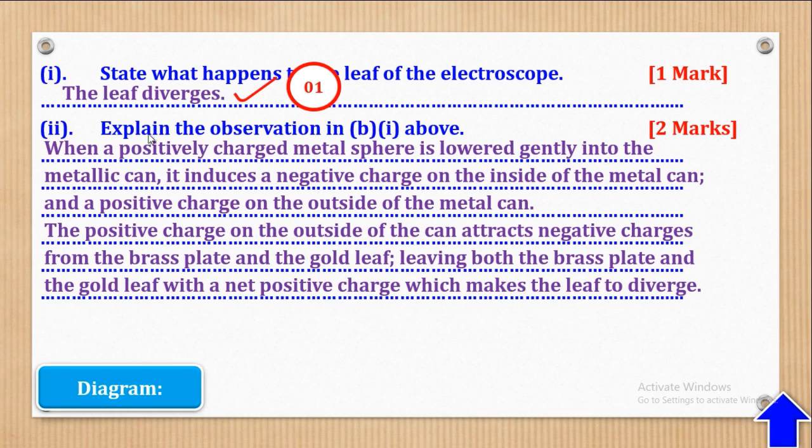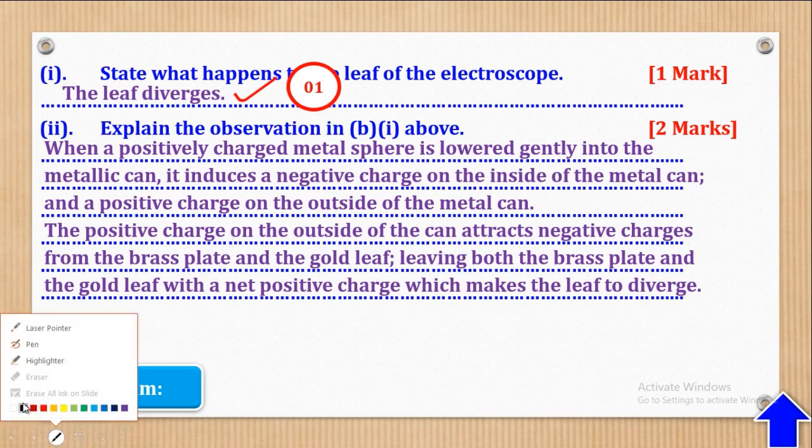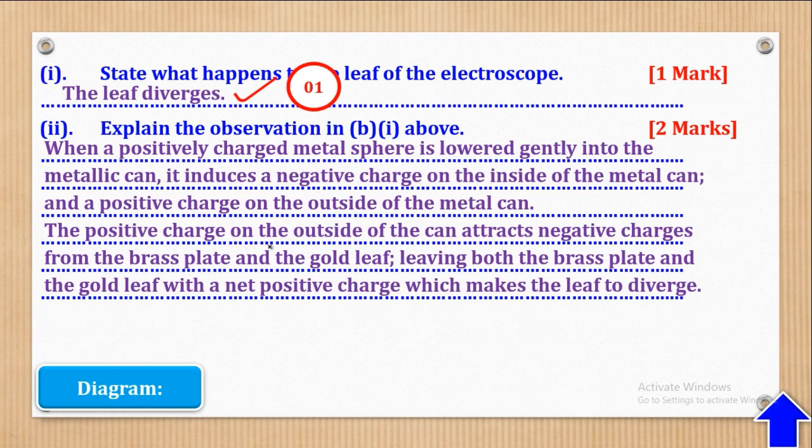So that we shall say that the positive charge on the outside of the can attracts negative charges from the brass plate and the gold leaf, leaving both the brass plate and the gold leaf with a net positive charge, which makes the leaf diverge, as you can see here.